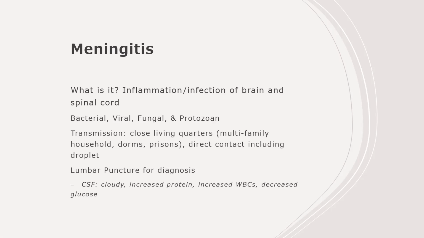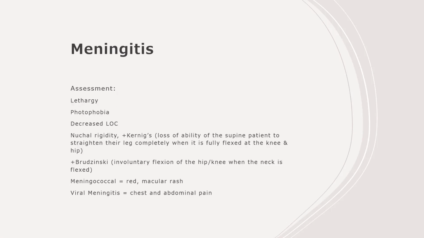Well, when we have meningitis, it's cloudy. We also notice that there's an increase in the amount of protein in the cerebral spinal fluid, an increased amount of white blood cells, and the level of glucose is decreased. So we see cloudiness, increased protein, increased white cells, and a decrease in glucose levels.